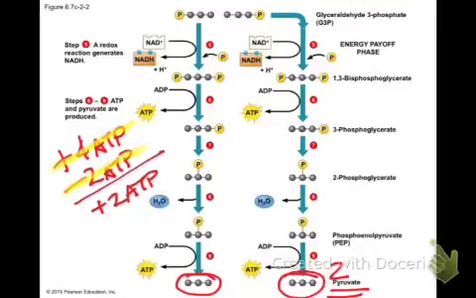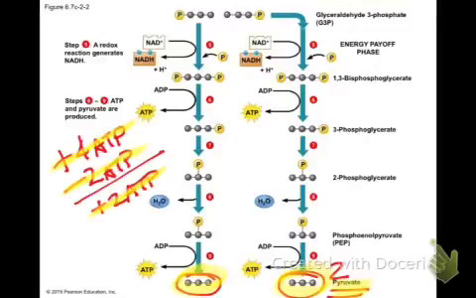So our net is a +2 ATP. See that? But maybe more significant is that we wind up with 2, count them, 2 pyruvate. So we get 2 pyruvate in that process. That's glycolysis.